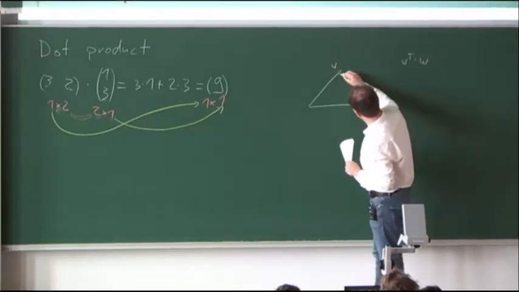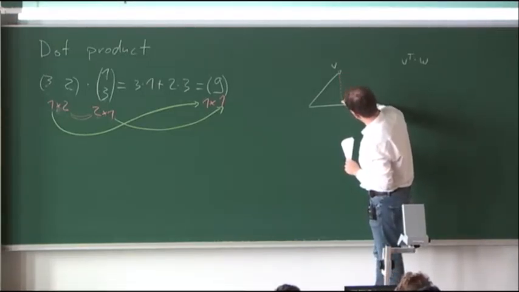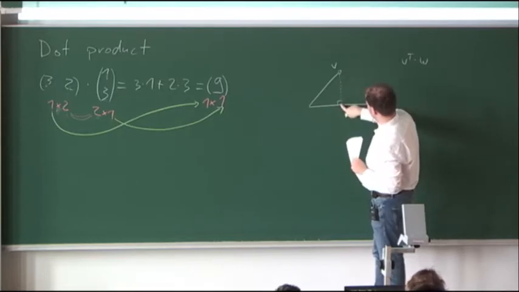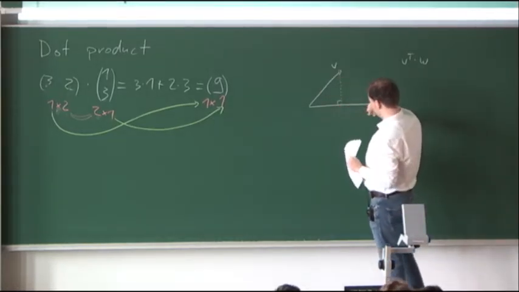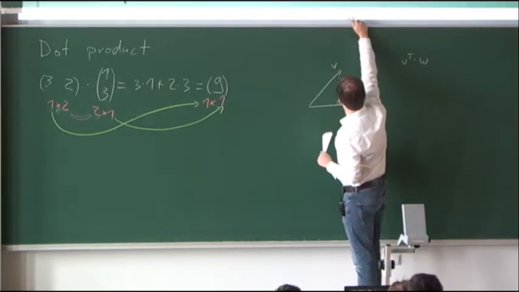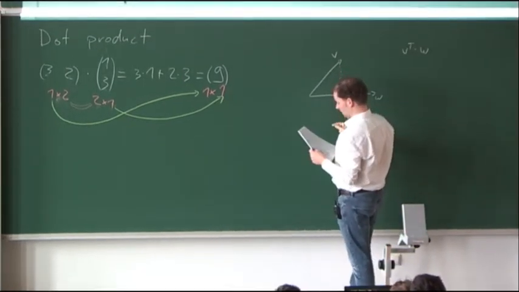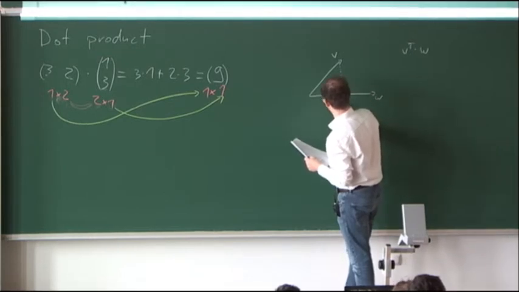So I draw a line that has a right angle here on this vector. So I project V on W, and the result will be, I think I can call it VP, V projected.